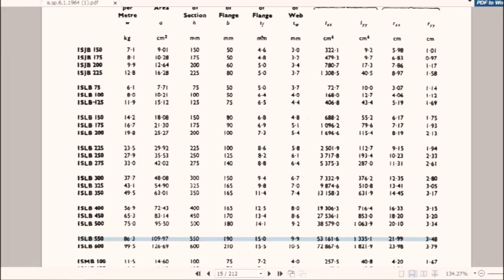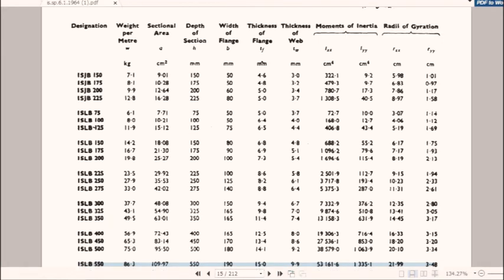So these are the dimensions of the section.